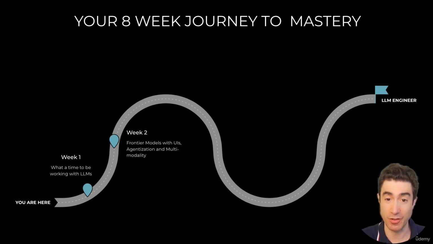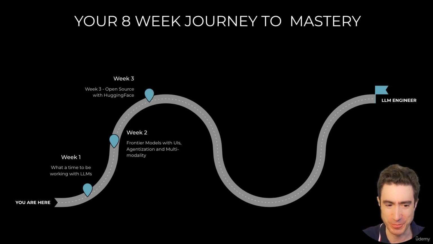We'll do it to solve a classic Gen AI use case, which is building an AI assistant, a chatbot, but we'll do so in a way that has audio and pictures, so it's multimodal, and it will be able to use tools, which means that it's able to call out to code running on your computer, which sounds kind of spooky, but it's going to make sense when we do it. So that is all week 2.